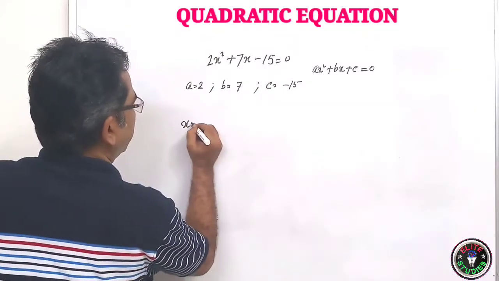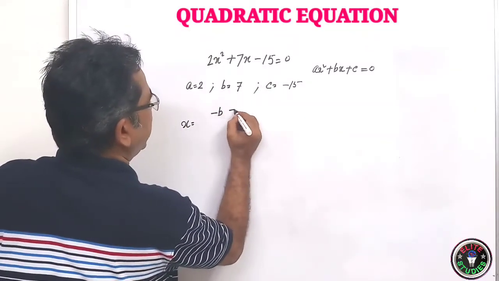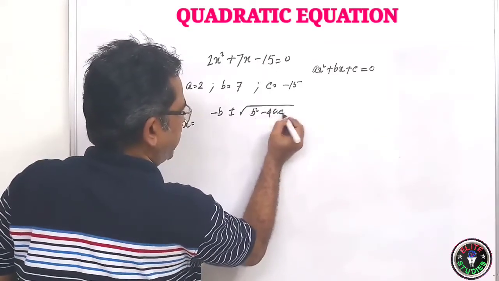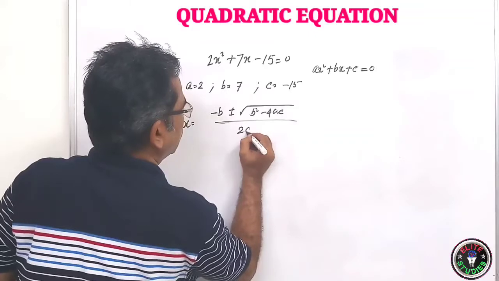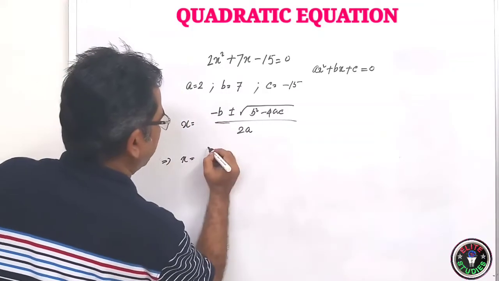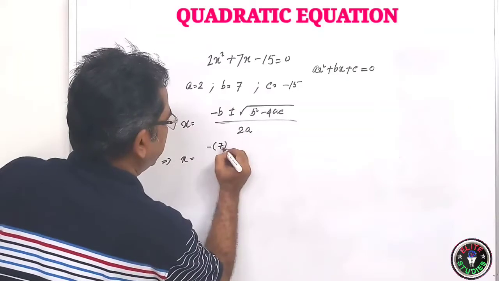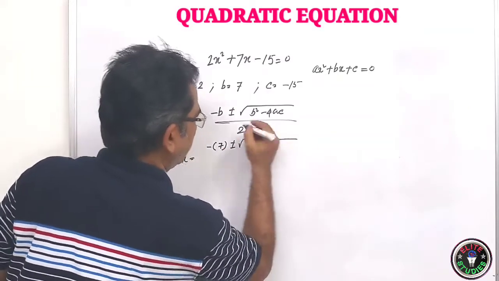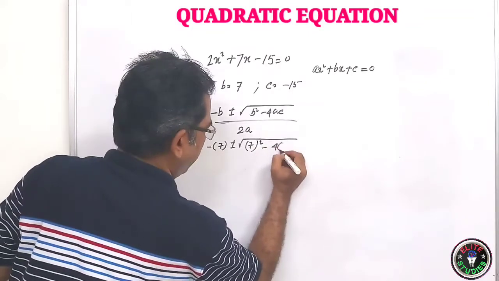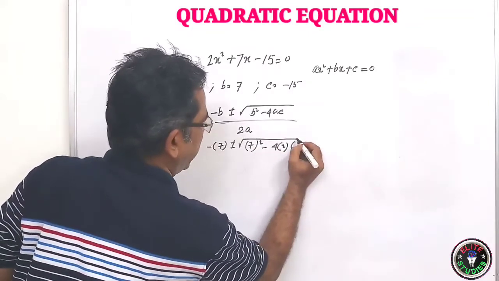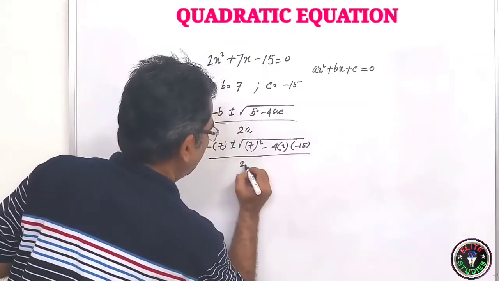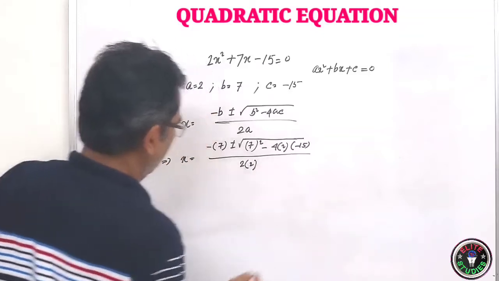So x is equal to minus b plus minus root over of b square minus 4ac by 2a. Just put it in: x is equal to minus 7 plus minus root over of 7 square minus 4 into a is 2 and c is minus 15, divided by 2 into a, which is 2.